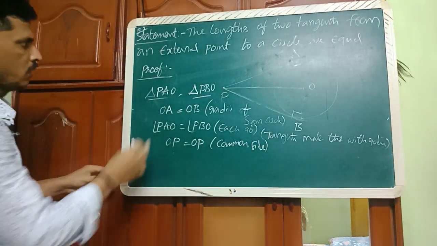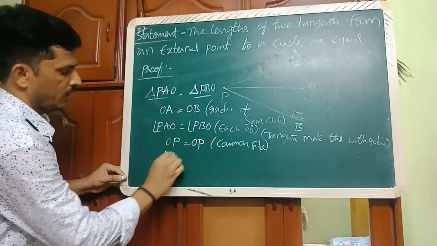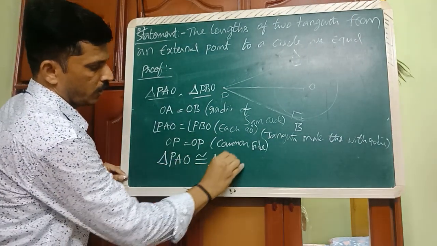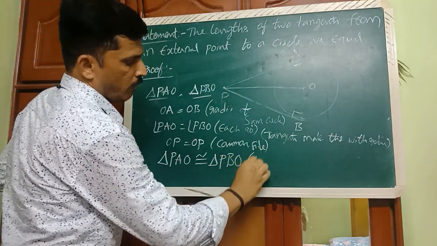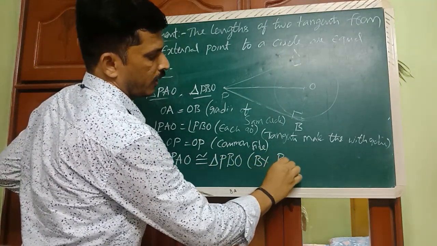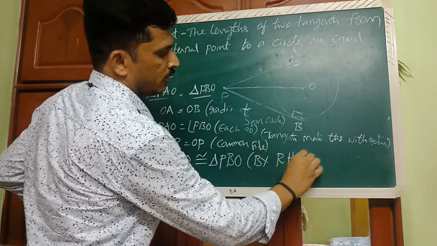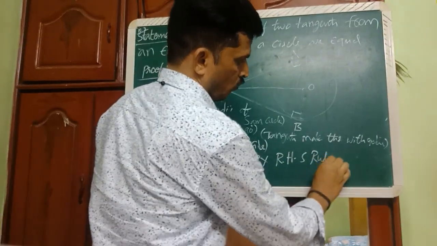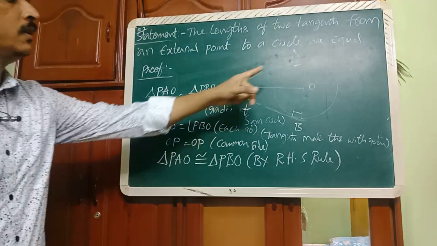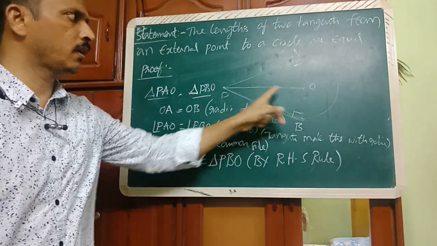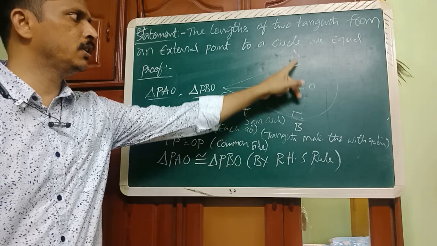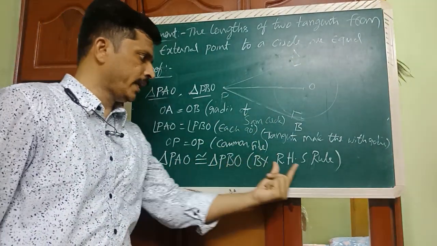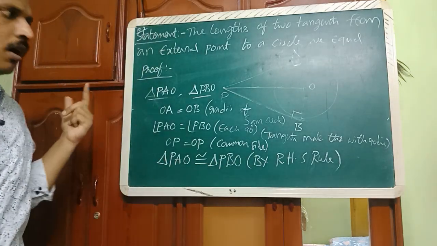So triangle PAO is congruent to triangle PBO by the right angle, hypotenuse, side rule. Here is a right angle, the opposite side OP is the hypotenuse, these two are sides. So according to the RHS rule, these two triangles are congruent.